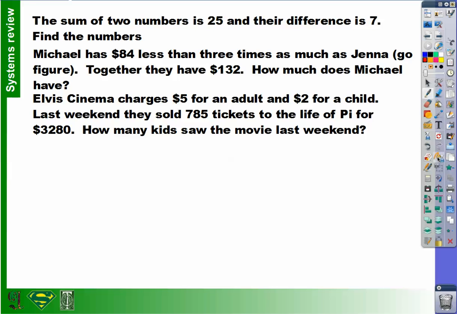Colton? Use A for adult, C for child. A plus C equals 785. Because if you add the adult and the kids' tickets sold, you get the total number of tickets sold.